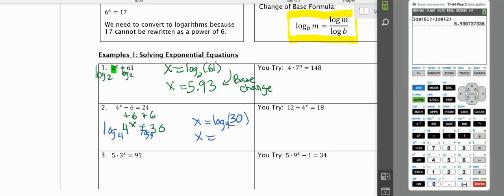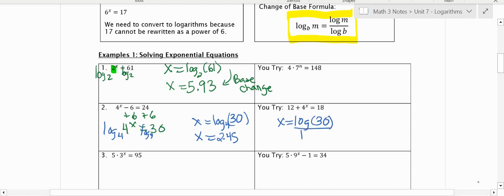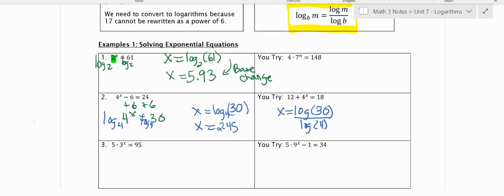On my calculator, I have to type in log of 30 over log of 4, and then you would get 2.45. If you want to write it out, you're welcome to. Some students like to write out the base change, or you can just put it right in your calculator. But we have to use that property if your calculator can't do those bases.